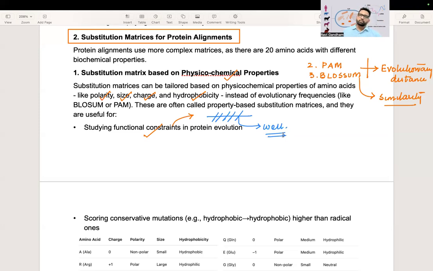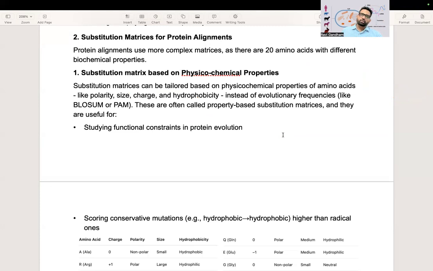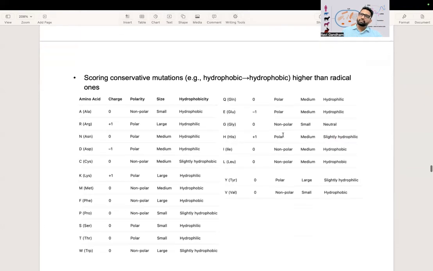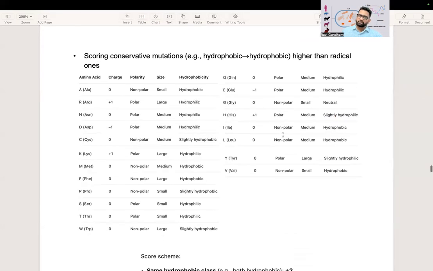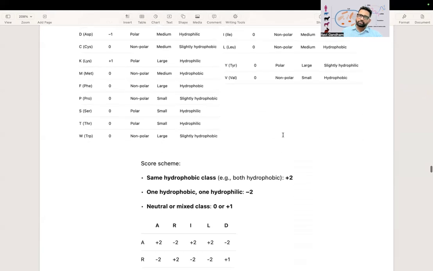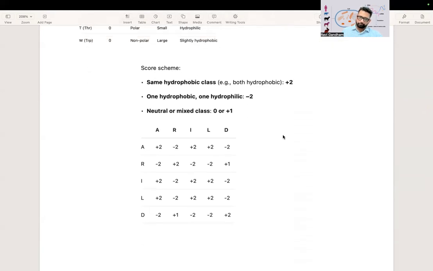And similarly, you use such matrices also to score conservative mutations. What do I mean by conservative mutations? Let's talk about this matrix here first. Now, see, alanine and alanine is an identical match. Therefore, you have given it a positive score.